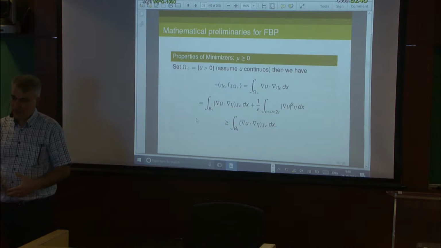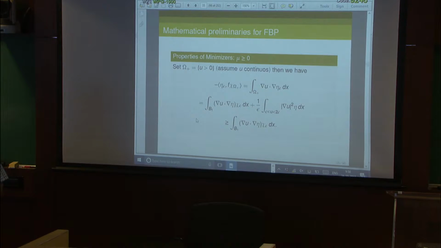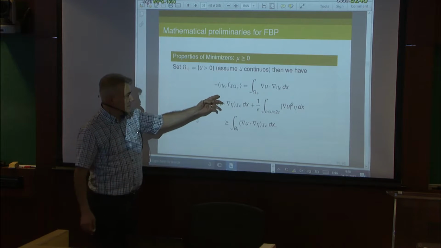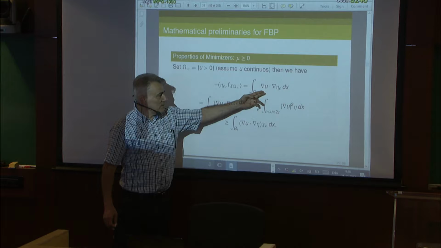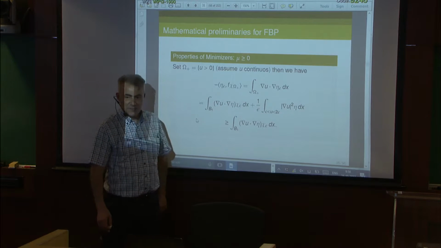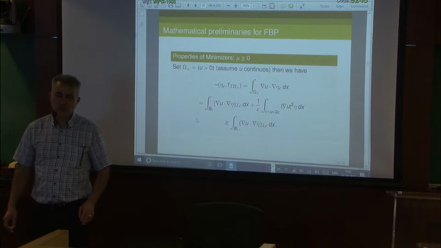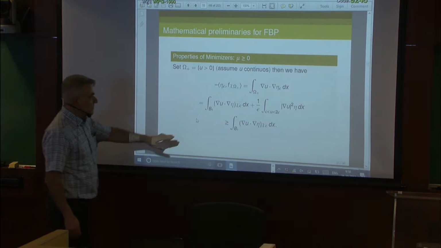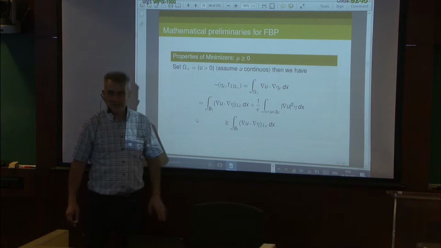This is a place I need continuity, so that omega plus is an open set. Okay, so it's an open set, and then I will take gradient of u times gradient of eta epsilon, and I will get this back. I will leave to you to verify it, so please write down to verify this.